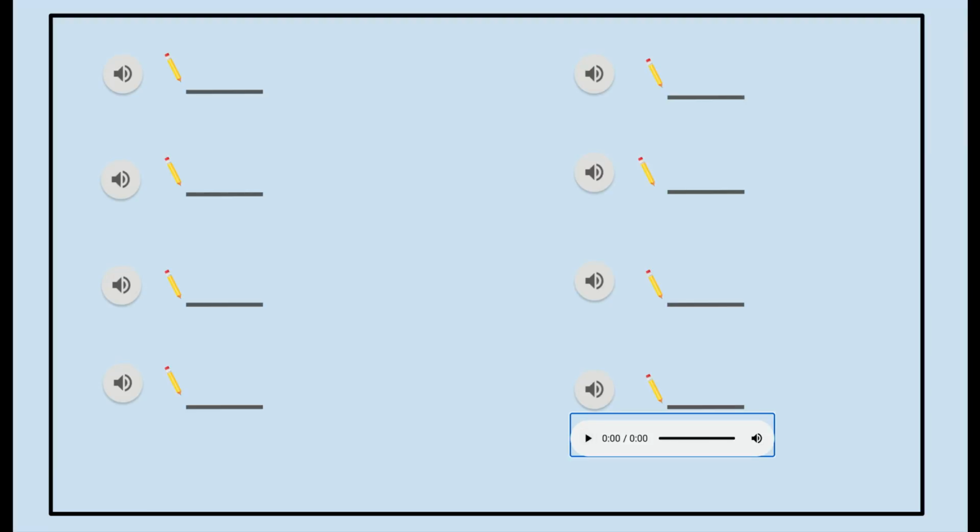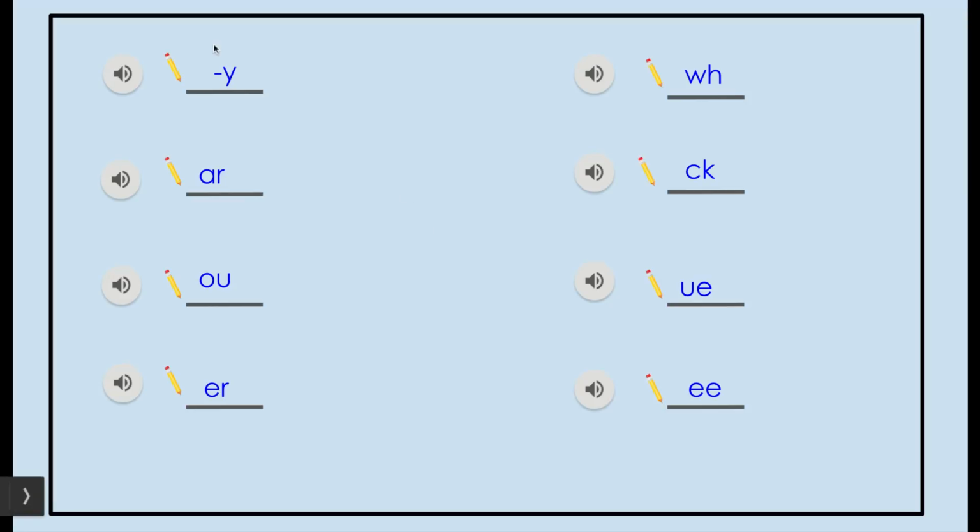Now let's check the spelling. Ready? The first letter pair or letter that you heard was the Y at the end of a word that makes the I sound. Number 2, WH. Number 3, AR. Number 4, CK.